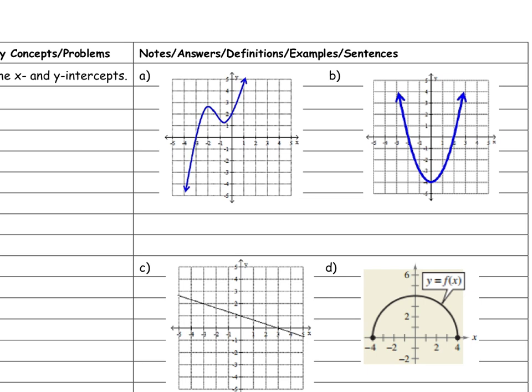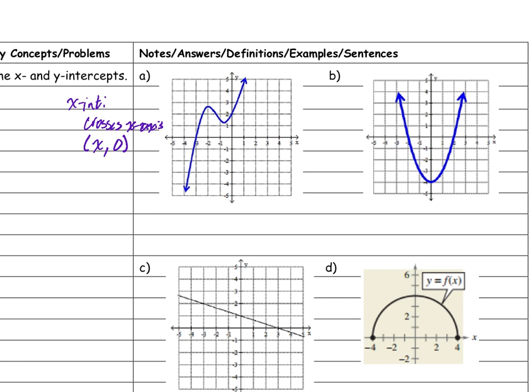Remember, the x-intercept is where it crosses the x-axis, right? It should be of the form some value x and then always 0.